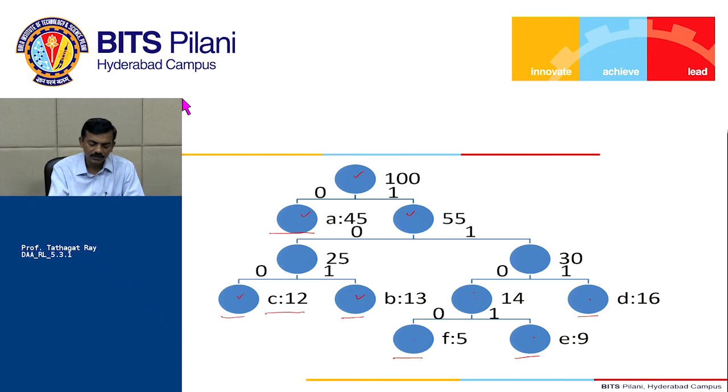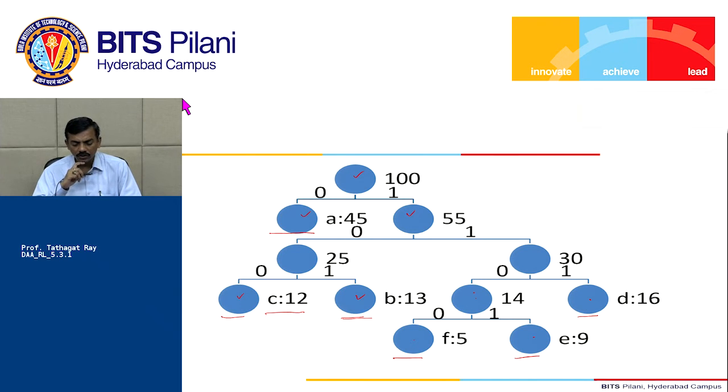This one is the next leaf node, which corresponds to the character B with frequency 13,000. So you notice that every leaf node corresponds to a character with its given frequency.